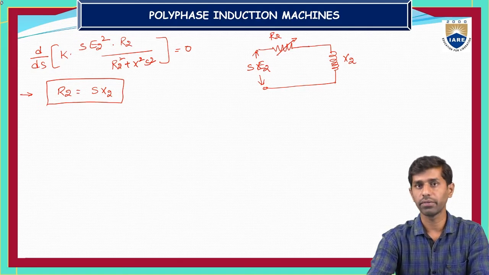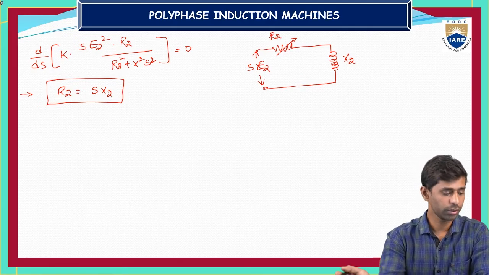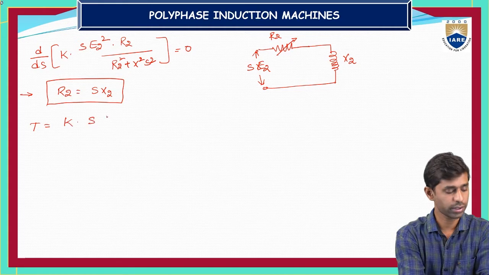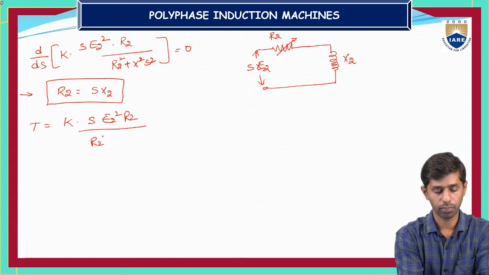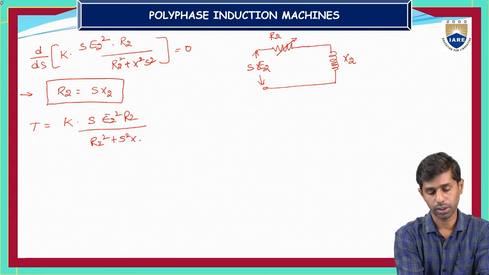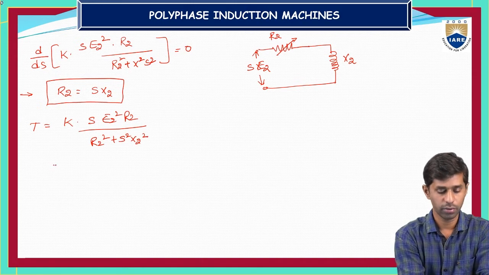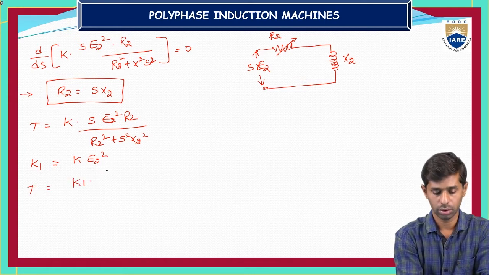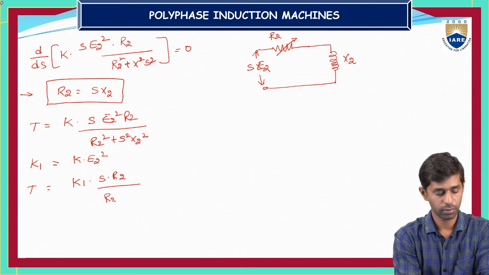In another way, we can also derive the expression for the maximum torque condition. Torque equals some proportionality constant K into S times E2 square R2 by R2 square plus S square times X2 square. Taking another constant K1 equal to K times E2 square, T equals K1 into S times R2 by R2 square plus S square X2 square.